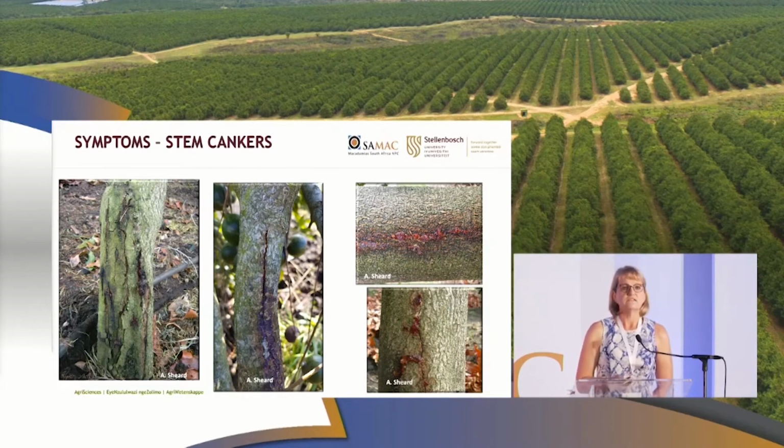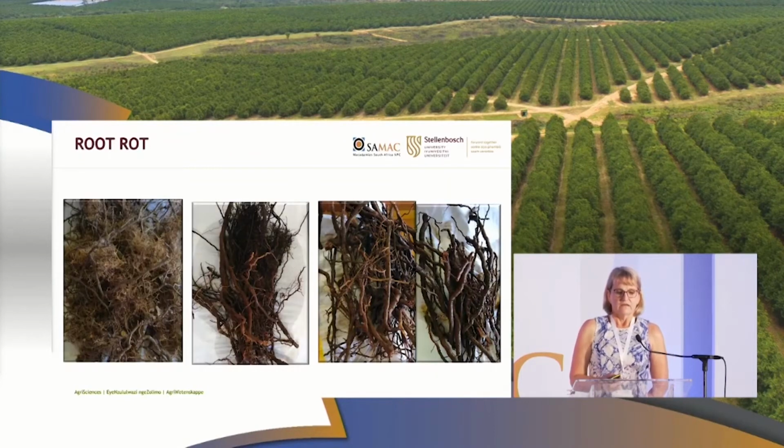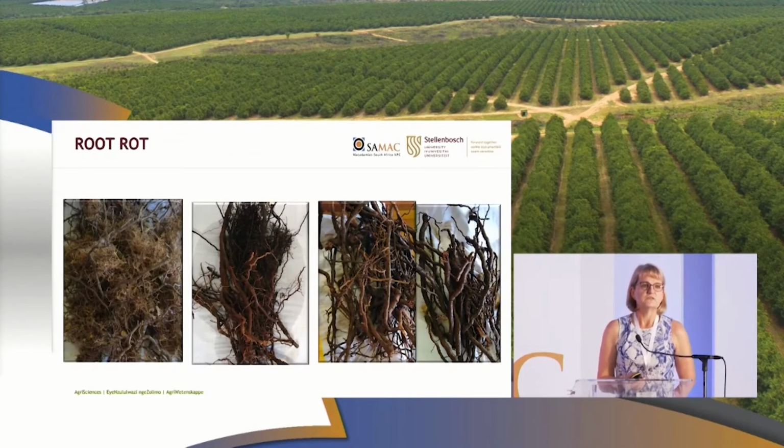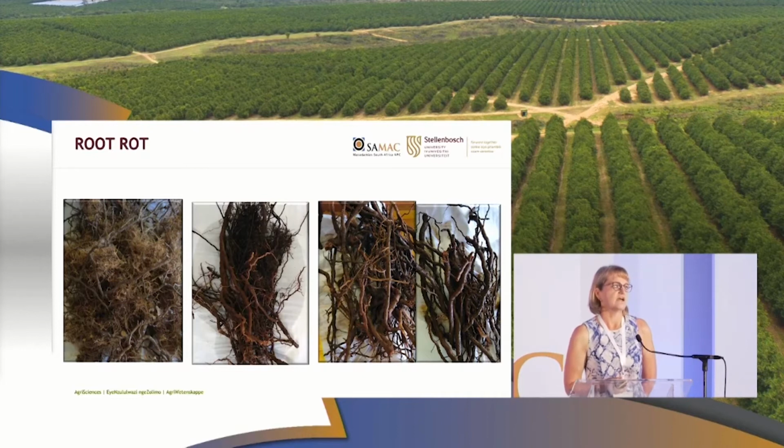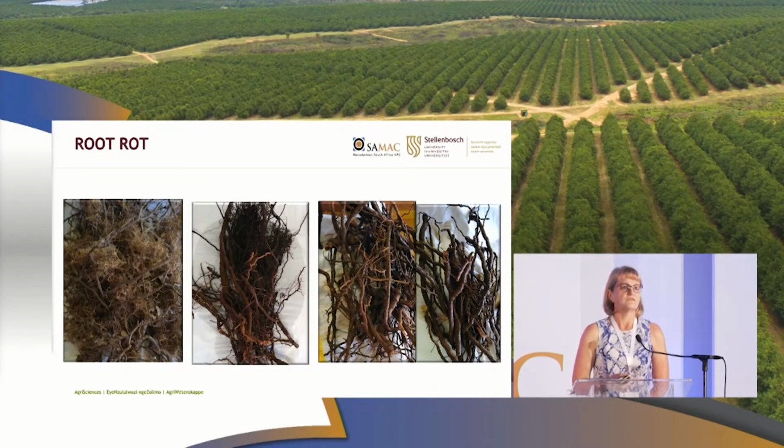So this is one symptom that the pathogen can cause. The other destructive symptom is root rot. And as you can see here, a macadamia tree can have massive root rot when you dig up the roots. The other photos on the slide just show trees that are infected by Phytophthora and where the feeder root system is completely destroyed.